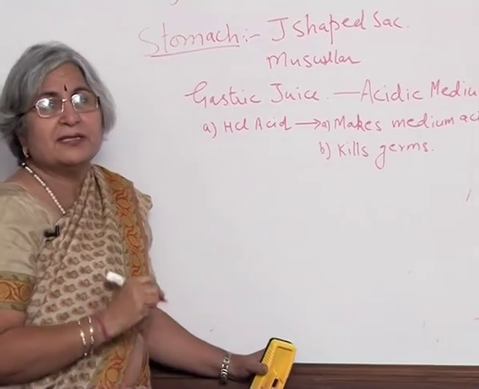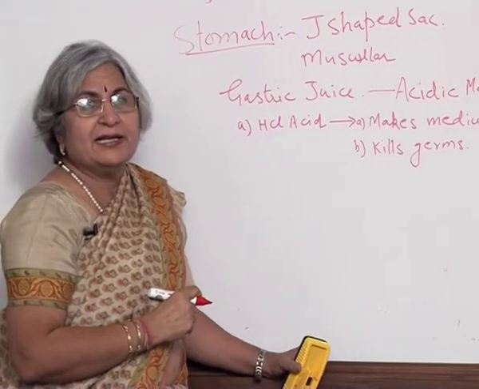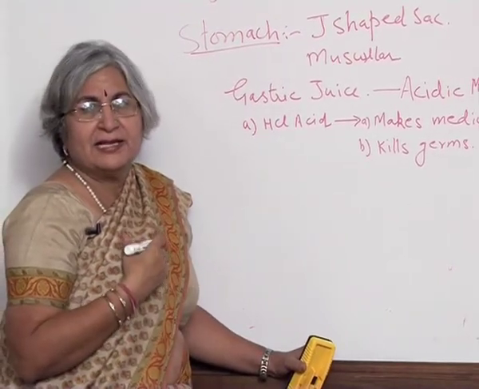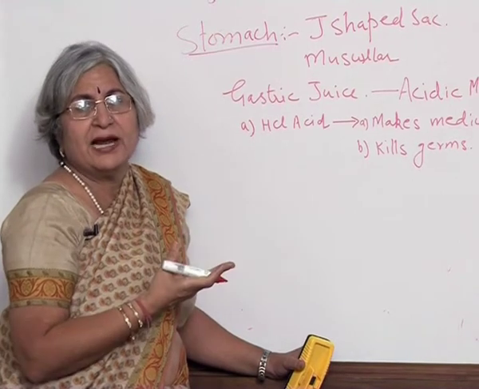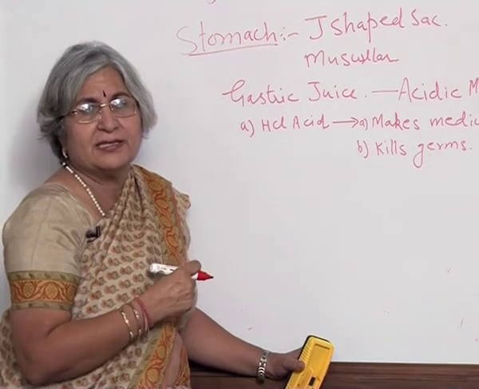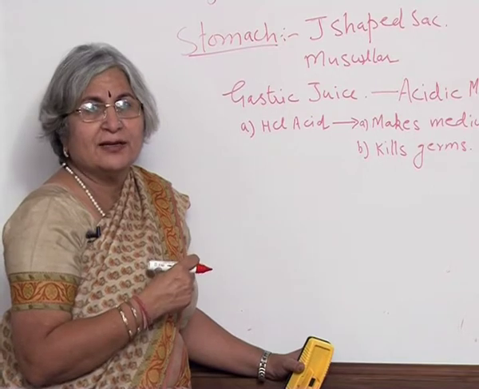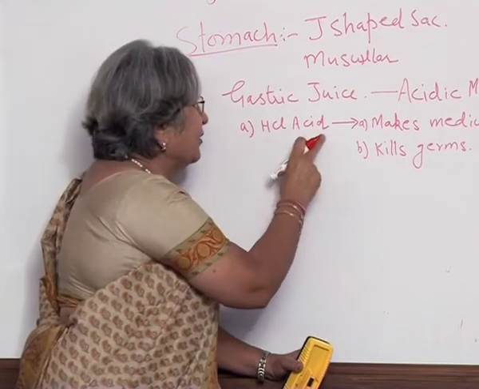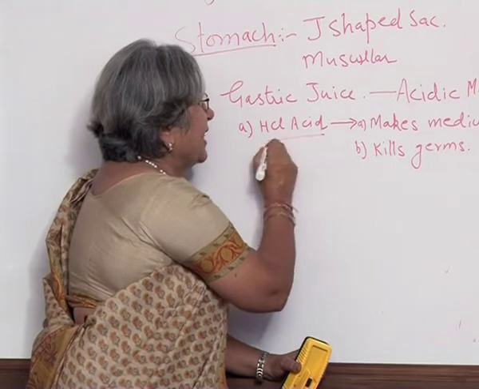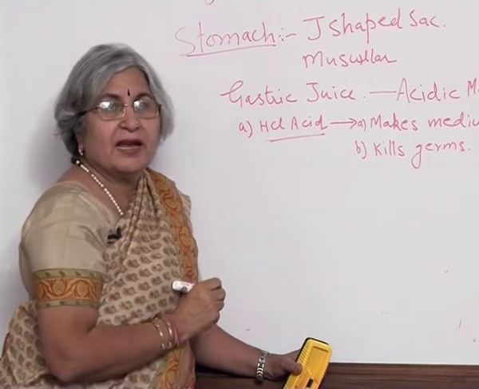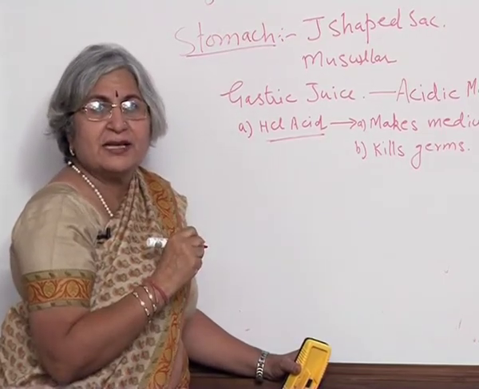But what happens when we get acidity? You have heard about acidity, the burning sensation here, so many ads of Eno and other antacids. Why is that caused? Because this hydrochloric acid is produced in excess. And why is it produced in excess?